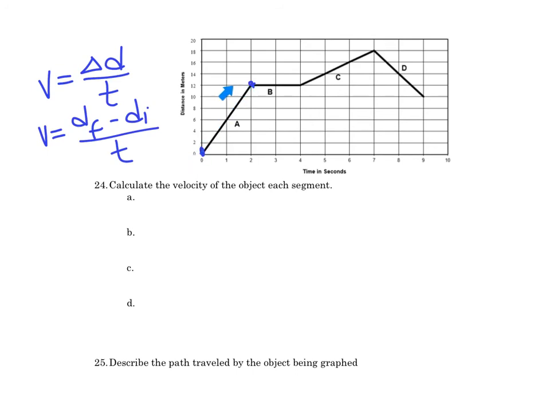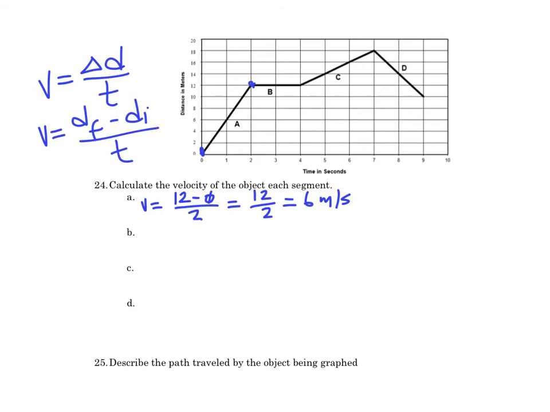My final distance is 12. So I get v equals 12 minus 0 divided by the time from here to here, 2 seconds. Count the spaces. 1, 2. So 12 minus 0 is 12, divided by 2 is 6 meters per second.